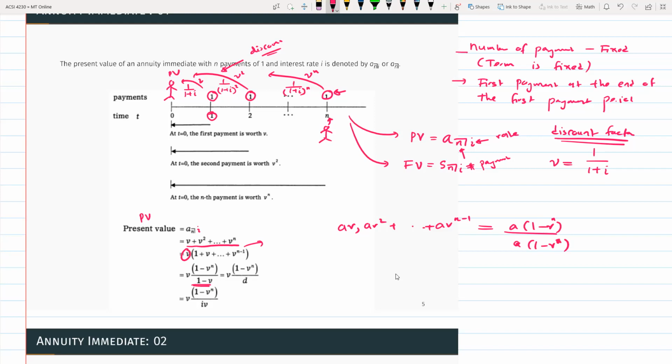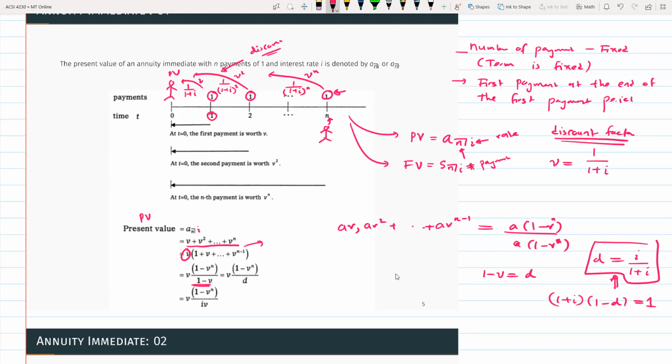Then we already proved that 1 minus v equals d. I don't know whether you remember that. What's d? d and i, you can remember, d equals i over 1 plus i. So how do I get that one? Remember that we had this formula, 1 plus i times 1 minus d equals 1. Then from there you can solve for d and you get this formula.